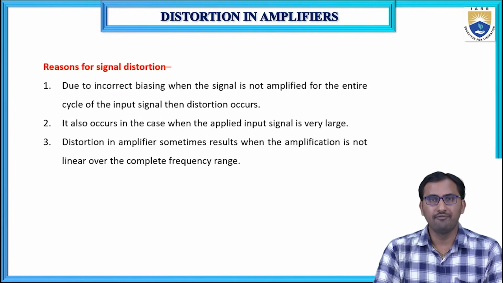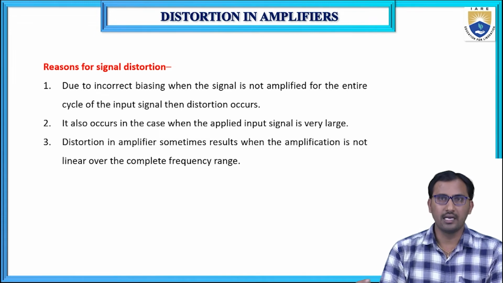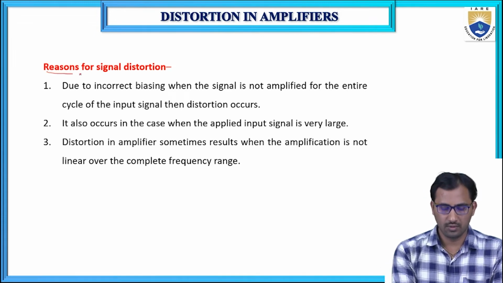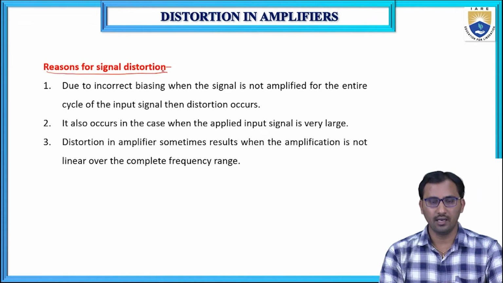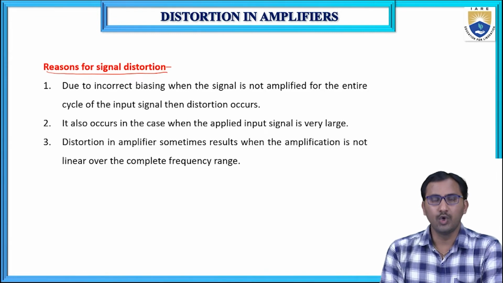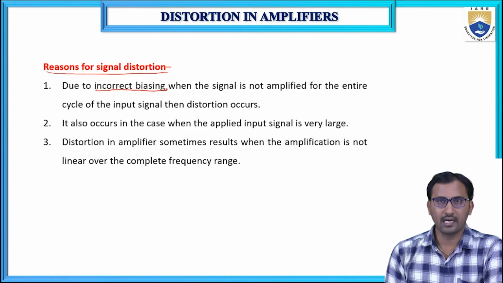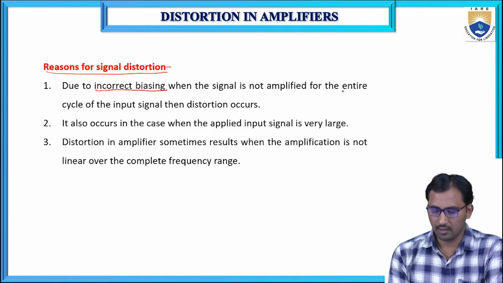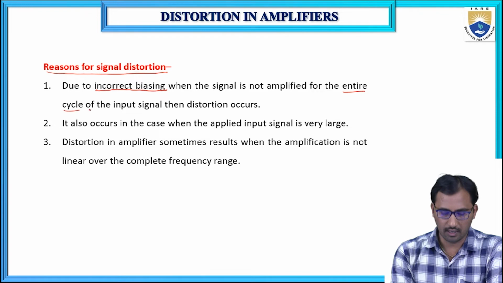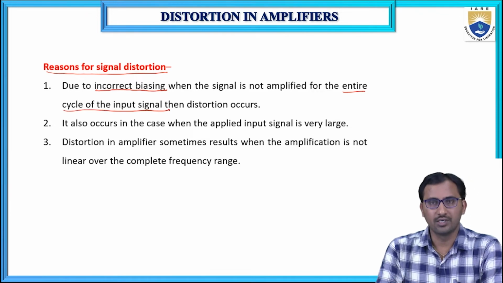So these are the different reasons for signal distortion. The first reason is incorrect biasing. Due to incorrect biasing, the signal is not amplified for the entire cycle of the input signal, and then distortion occurs.